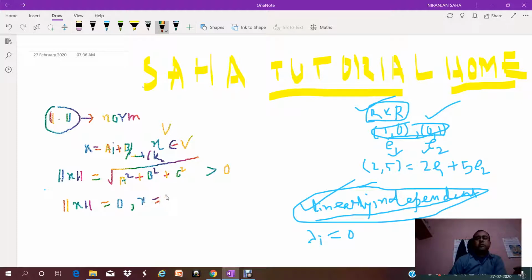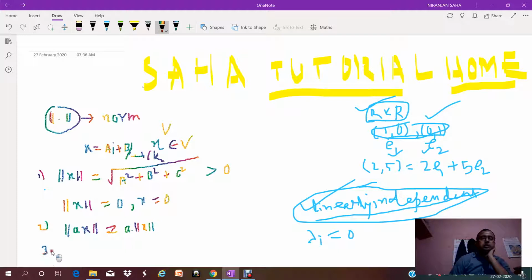Another property of the norm is that any scalar multiplied with x, norm of ax, where a is a scalar from any field, then a comes out of the norm operation. This is the second property, and the third is the triangular property.